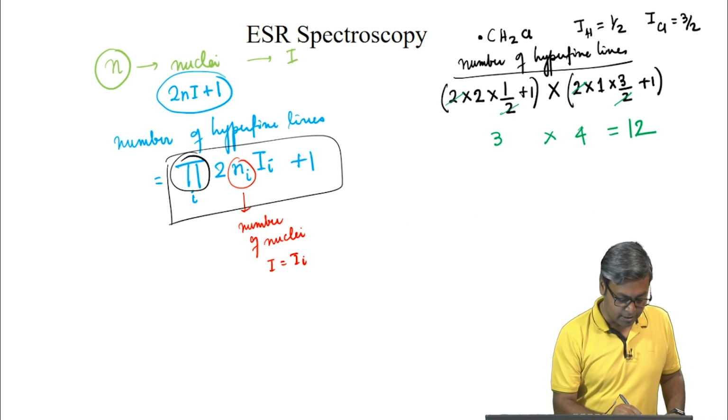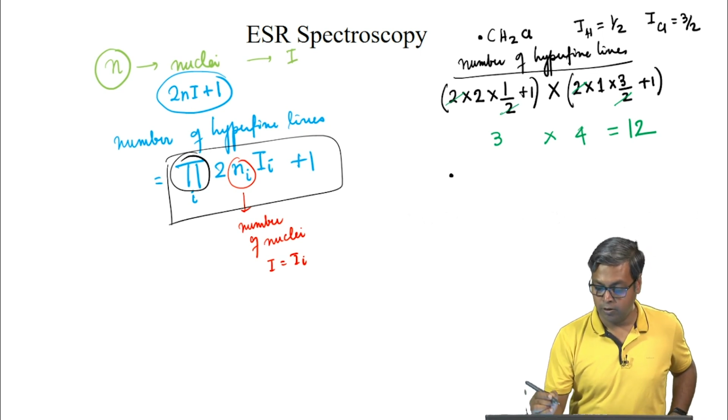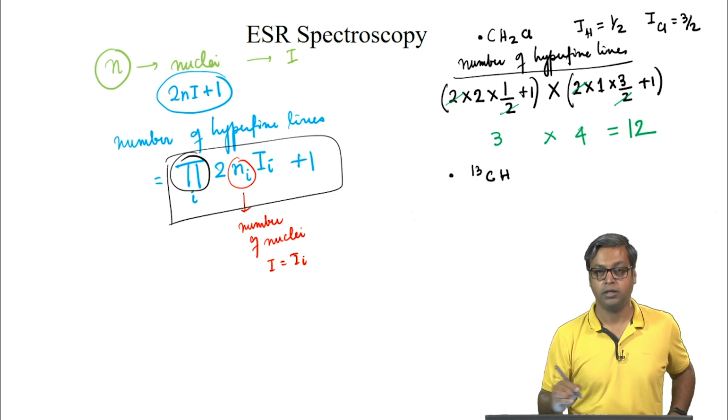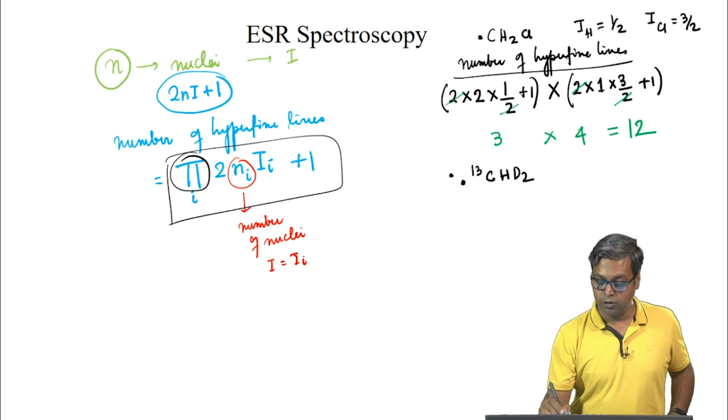Now, let us take another example, where we have the 13CHD2 radical.